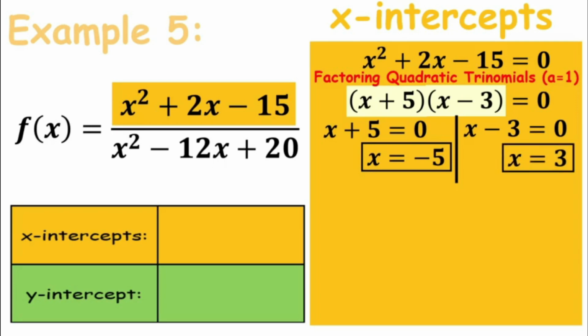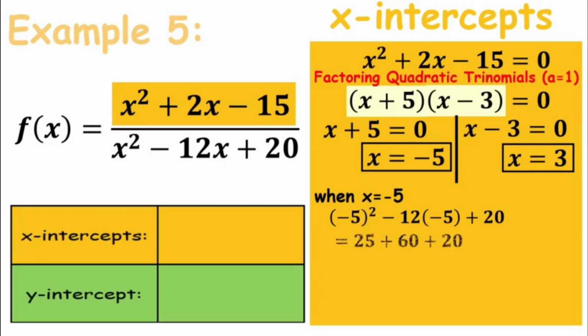Next, we need to substitute each value of x into the denominator to test if the x value is an x-intercept or not. When x is equal to negative 5, we have negative 5 squared minus 12 times negative 5 plus 20, which is equal to 25 plus 60 plus 20, which gives 105. Since 105 is a non-zero number, negative 5 is an x-intercept.